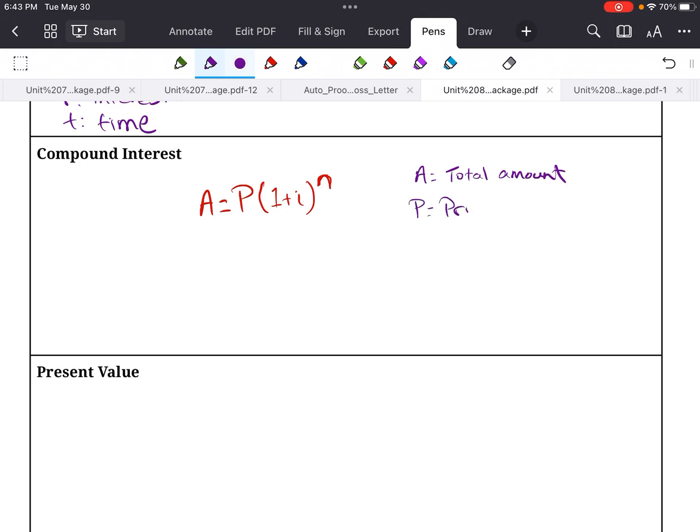P is the principal amount, and I'm not going to write these out every single time. I this time is the interest per compound period. And the N is the total number of compound periods.